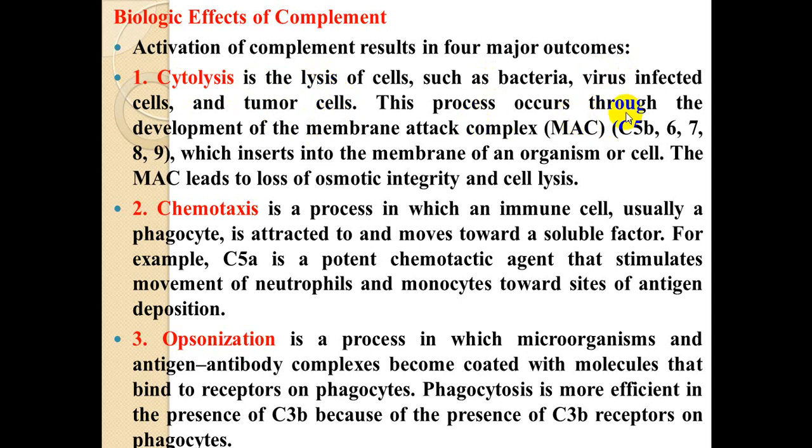This process occurs through the development of the membrane attack complex, abbreviated MAC, and this complex consists of C5b, 6, 7, 8 and 9, which inserts into the membrane of an organism or cell and leads to the loss of osmotic integrity and cell lysis.